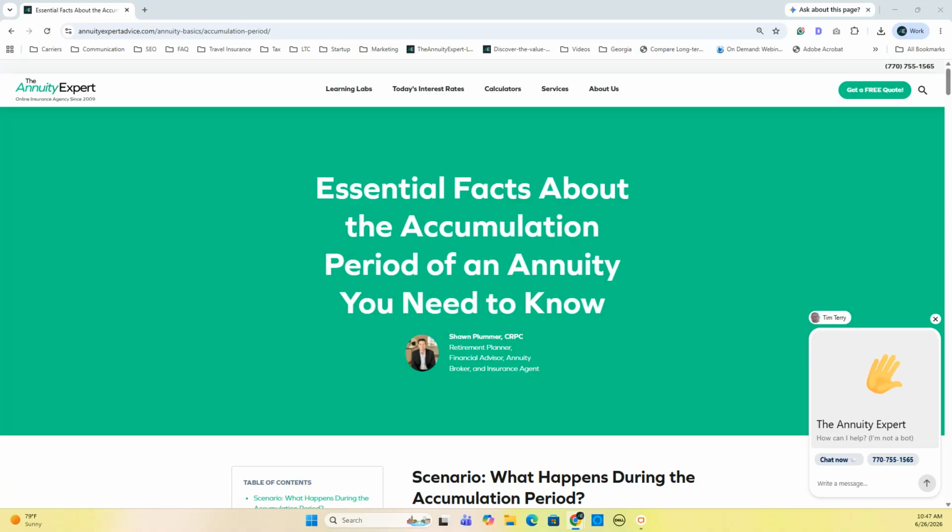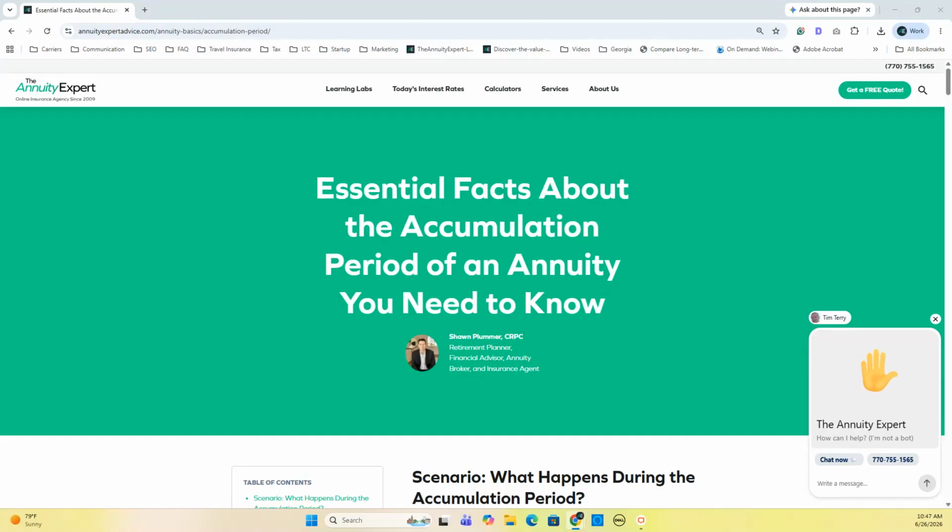You continue earning interest. You have control over your money. Whatever's left in that account will go down to beneficiaries in a lump sum. And in some cases with annuitization, there is no death benefit. Everything that sucks about annuitization is corrected with the GLWB. Okay, so just know that.